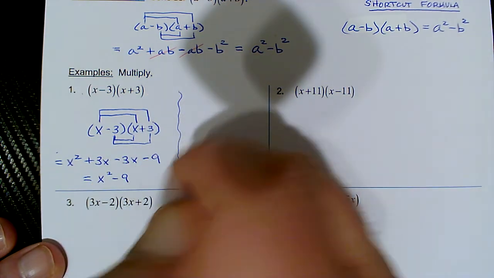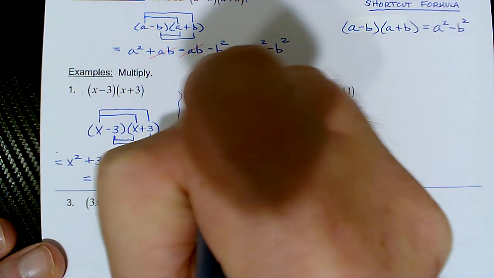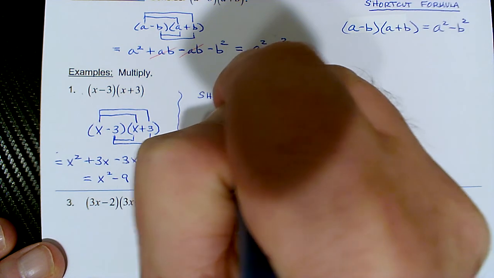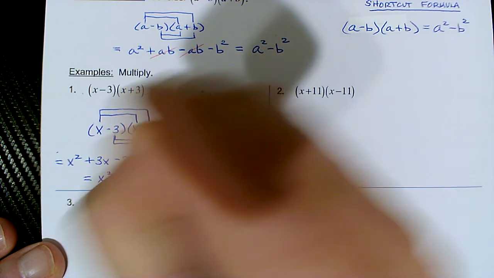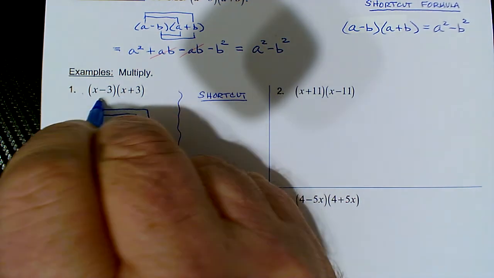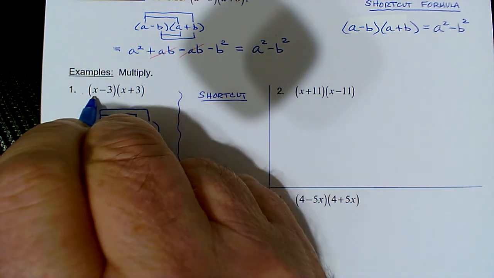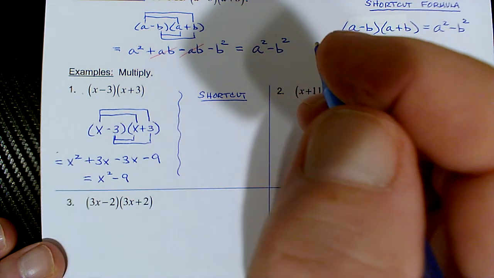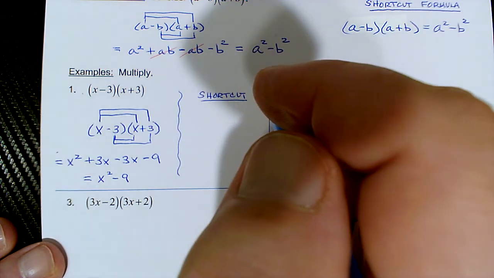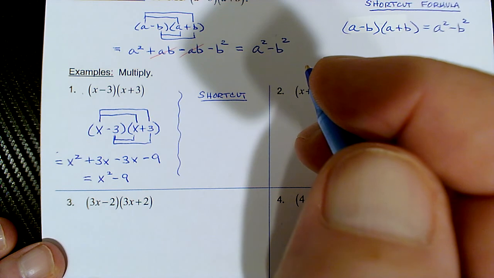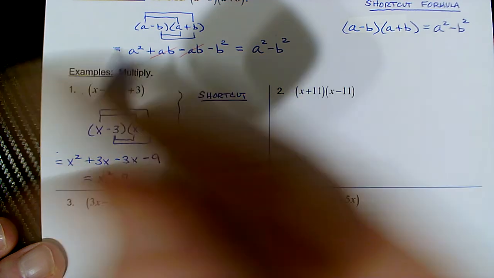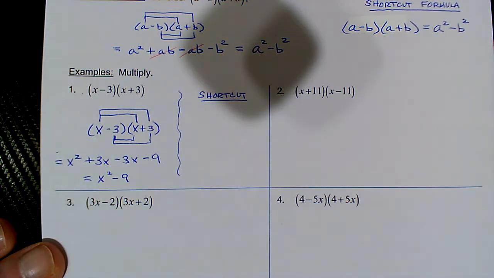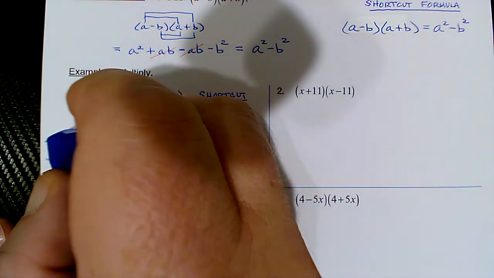If you wanted to use the shortcut, then you recognize it as being a binomial times, basically, this is a special name. We refer to it as the conjugate, okay? Nothing to really worry about right now, but you'll see that term come into play once you get into your next math course.